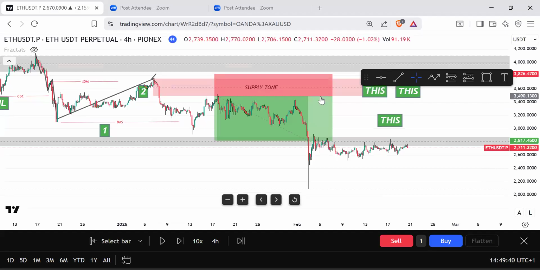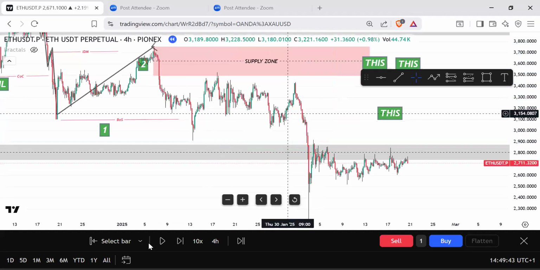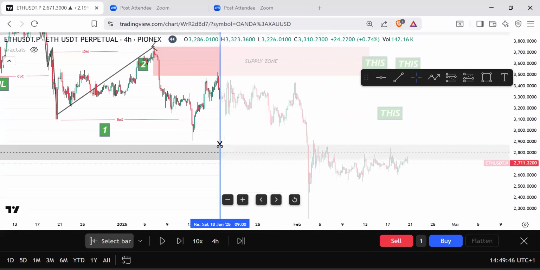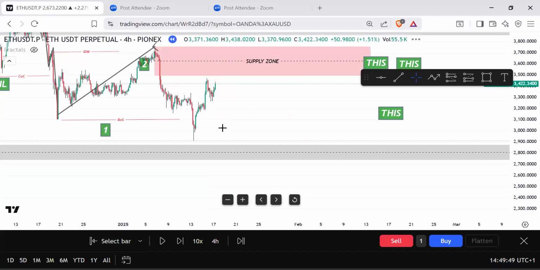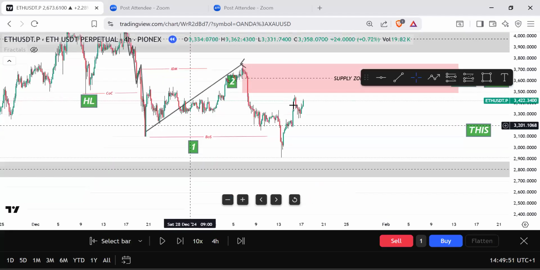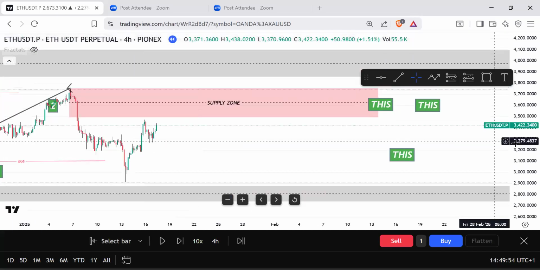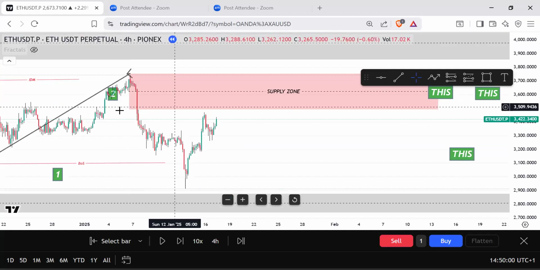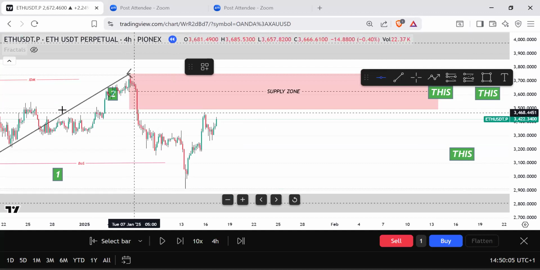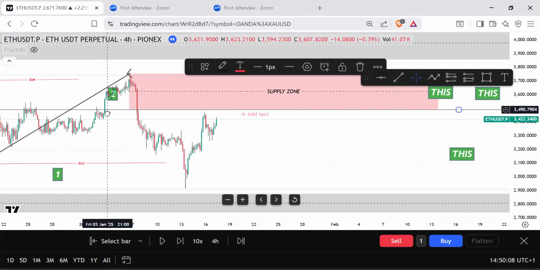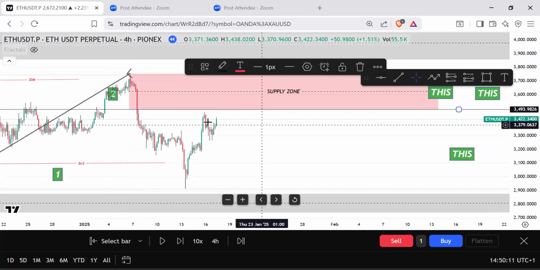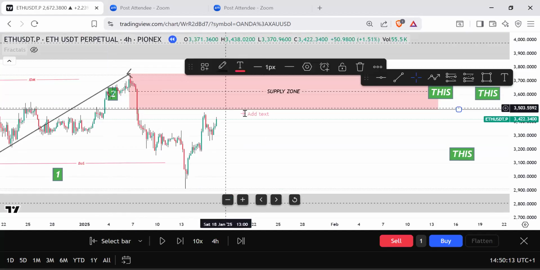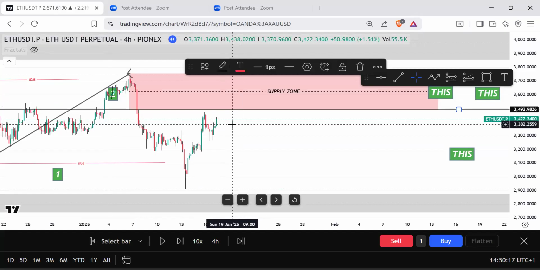So let's say we want to use a confirmation entry. The way I do it is, let's say this is my zone. I place my alert right here, in TradingView.